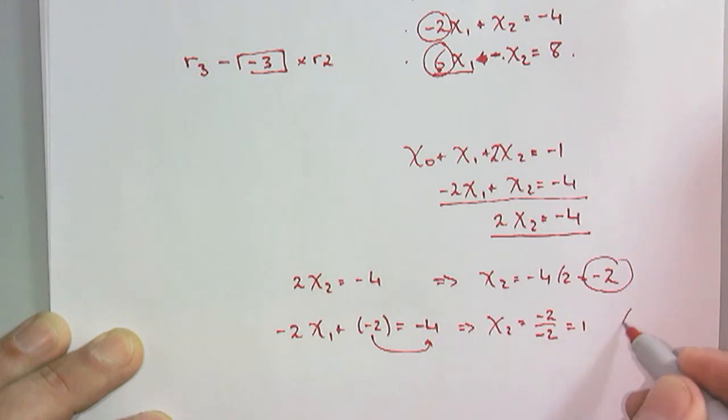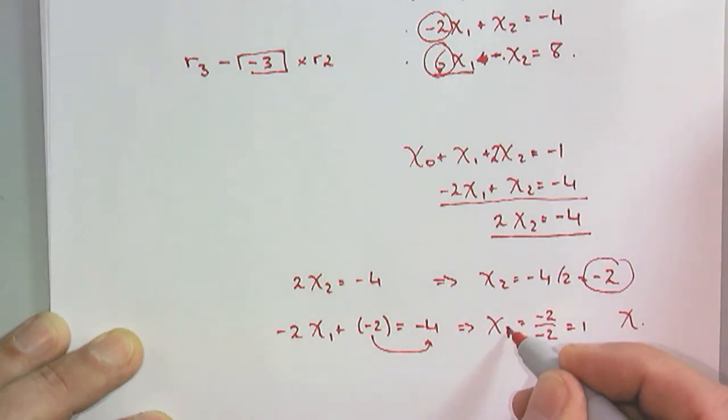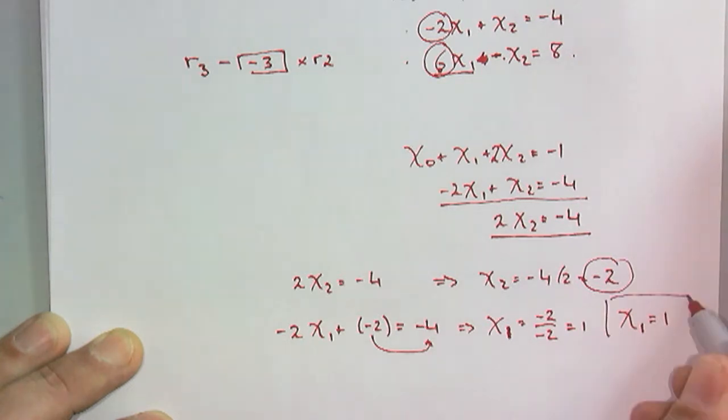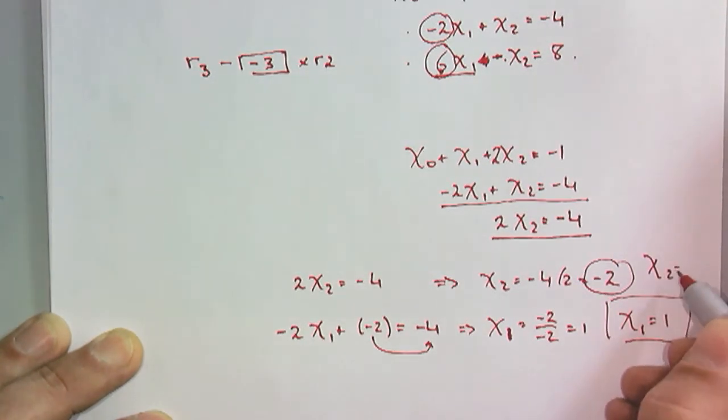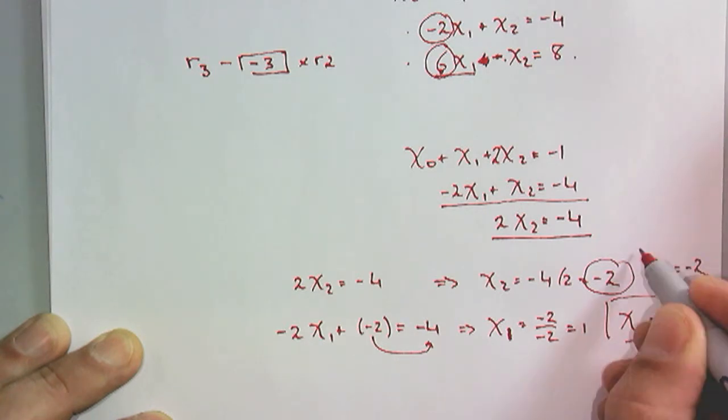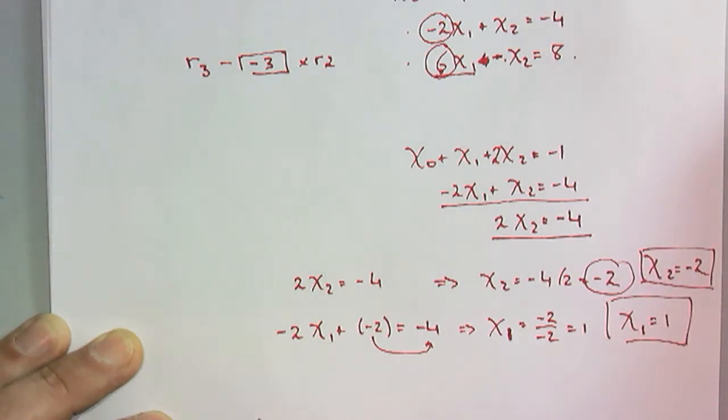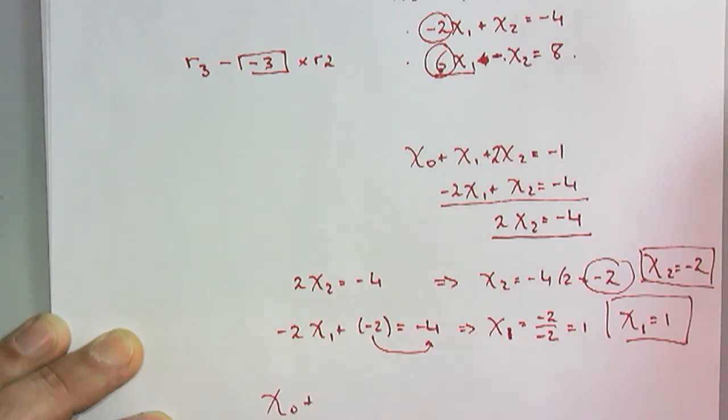So now we know that, well, that's chi 1, see, being sloppy again. So we already saw that chi 2 was equal to minus 2. And then finally we know that chi 0 plus chi 1, but we now know that chi 1 is equal to 1, plus 2 times chi 2, which we know is equal to minus 2, is equal to minus 1, and therefore chi 0 is equal to minus 1, minus 1 is minus 2, minus, now let's actually write this out, minus 1 plus 4, and that ends up being 2.